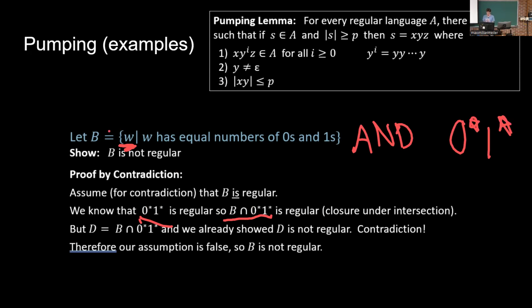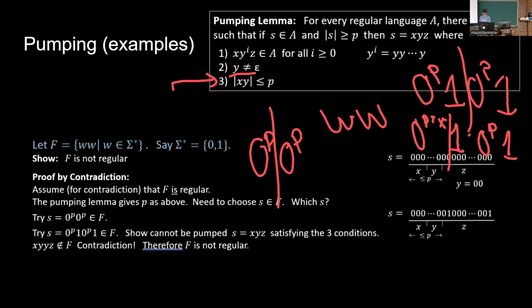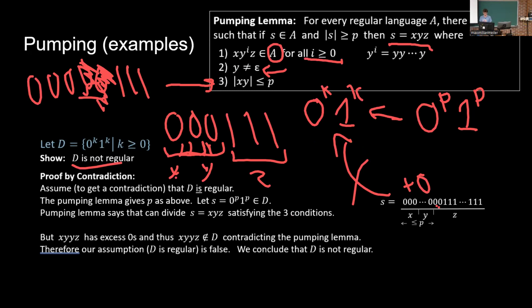Obviously, the only string in here is 0 to the k, 1 to the k. And here we proved that that's not regular.